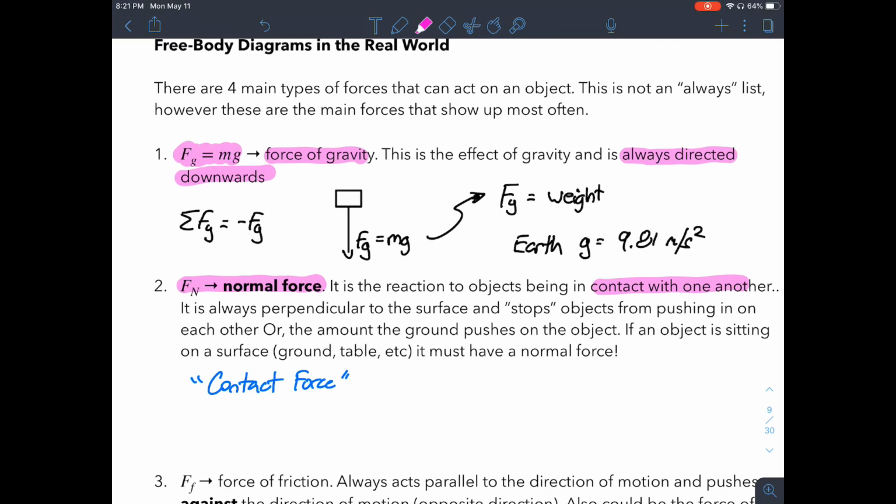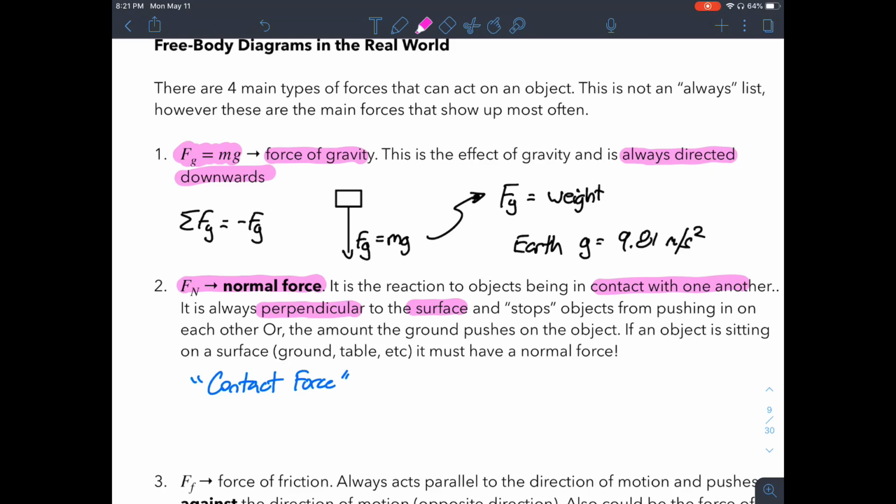This is always perpendicular to the surface, and it stops objects from pushing in on each other. When you're sitting in your chair right now, your butt is putting a force onto the chair, but the chair is applying a normal force to your butt because it's stopping you from falling into the chair.